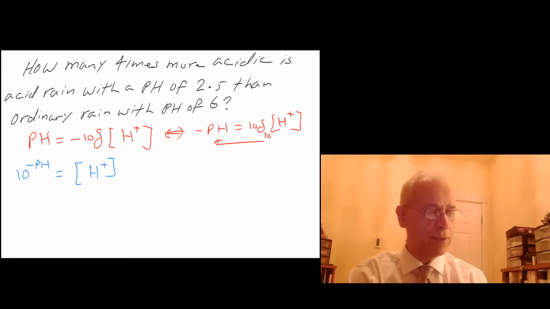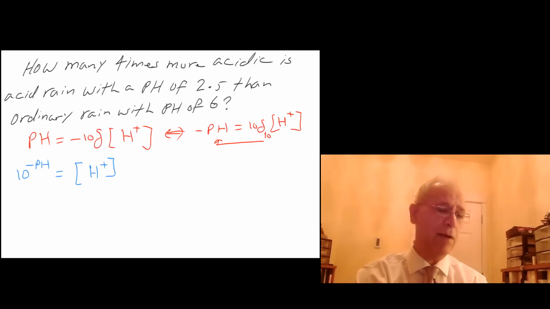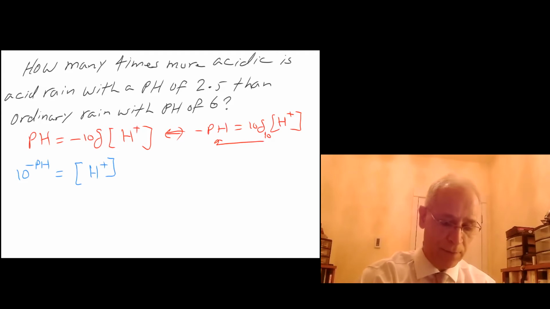So we want to know the ratio of acidity of a rain with pH of 2.5 over 6. For acid rain, I have 10 to the negative 2.5 over 10 to the negative 6.